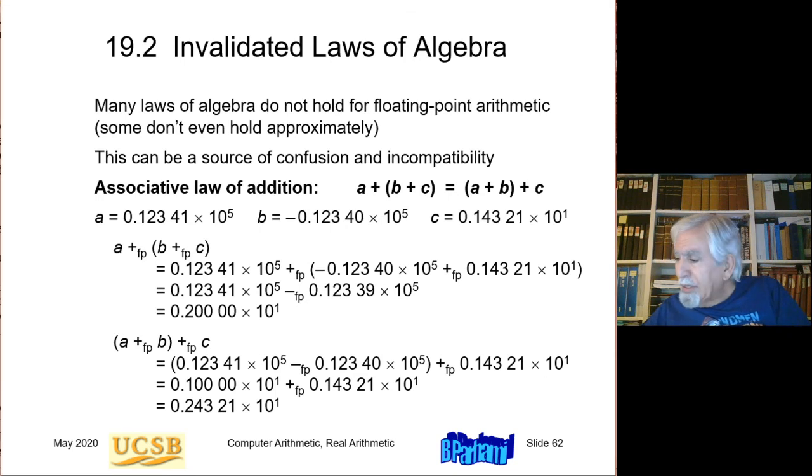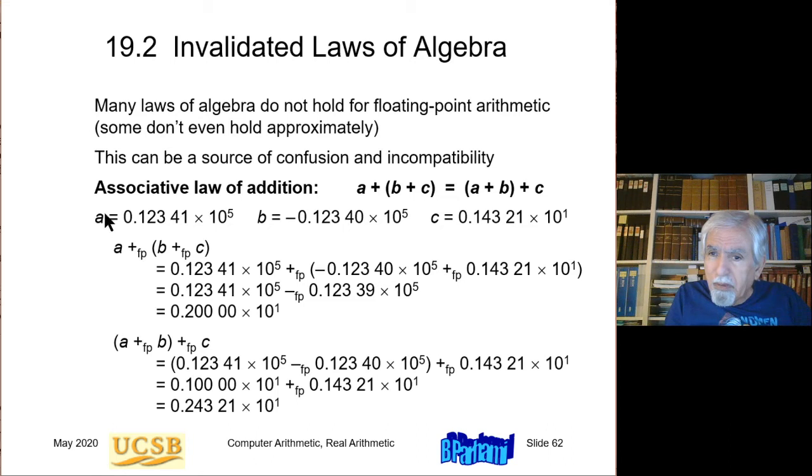Okay, now, it turns out that in floating point arithmetic, laws of algebra that we have come to expect do not hold, and this can be the source of many additional difficulties.